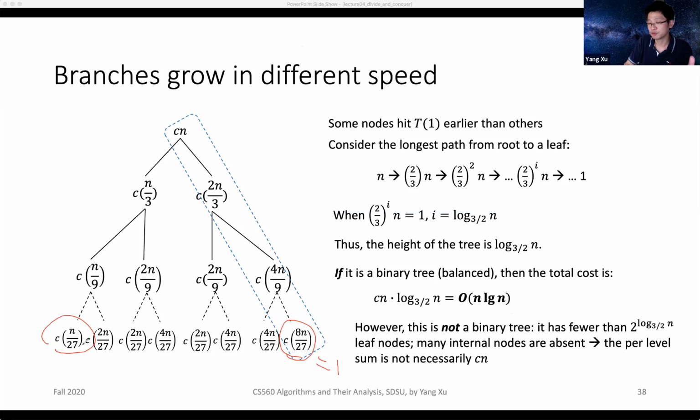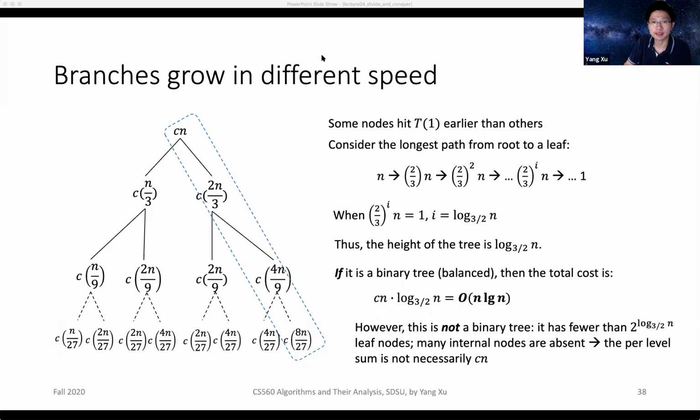They are already 0. They won't exist in this level, right? So the per level summation is not necessarily C times n. So this is our approximation. In theory, this is not necessarily true, but we can use it to come up with a guess, okay?